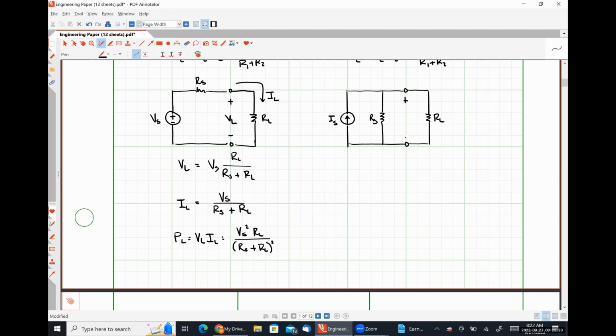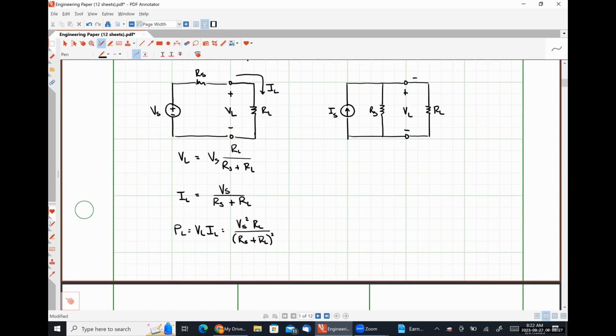Once again, I'm going to define my voltage drop across my load, positive polarity terminal on top, current entering my load like so. So how would I find my load voltage VL for this circuit?